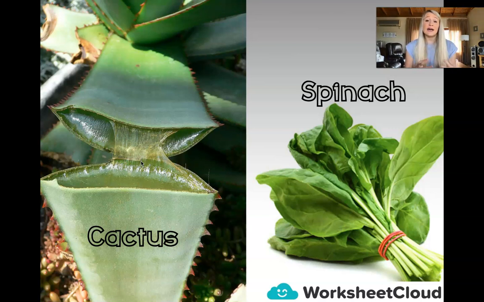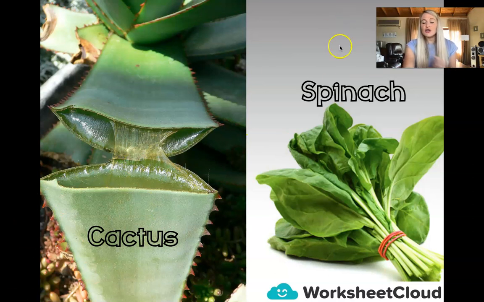Cactus or cacti are commonly found in very hot environments such as a desert, where it is very hot and it doesn't rain that often, and so a cactus has adapted to its environment by having these very thick leaves so that it can store as much water as possible, because it doesn't rain very often at all. Right, so that's just an interesting fact about cactus.